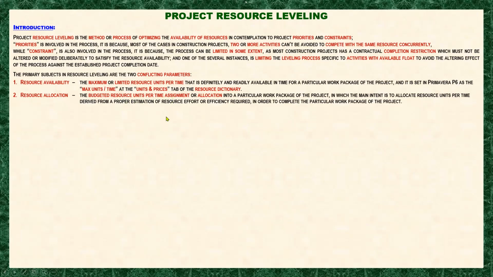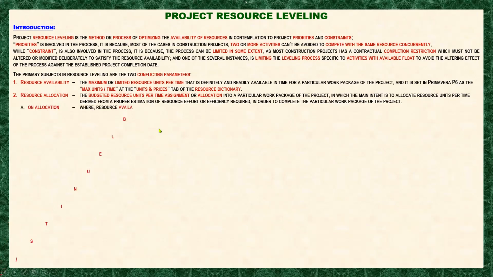I hope you understand. So we already understand resource availability and resource allocation, right? This conflicting units of resources is the reason why we have to run the resource leveling for a project.